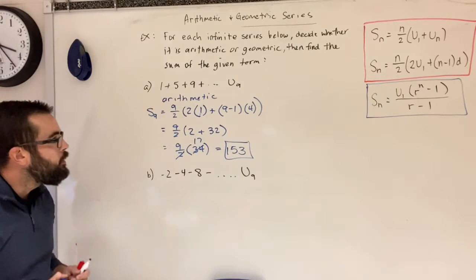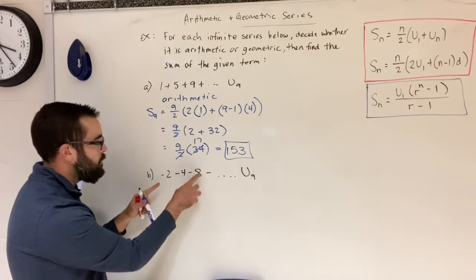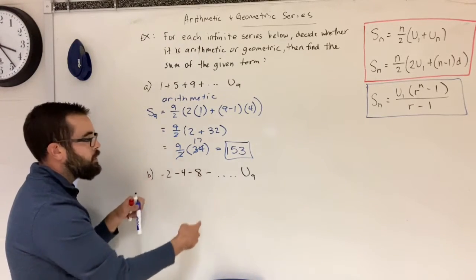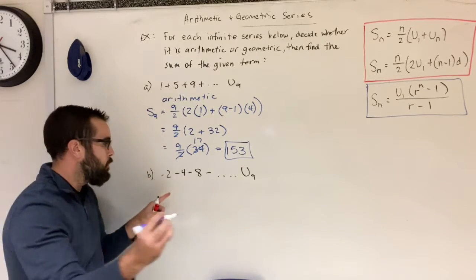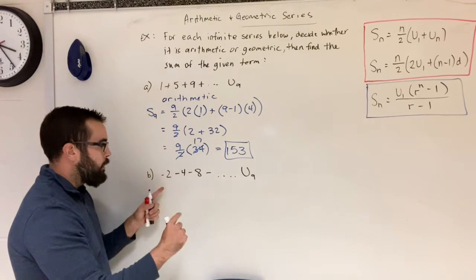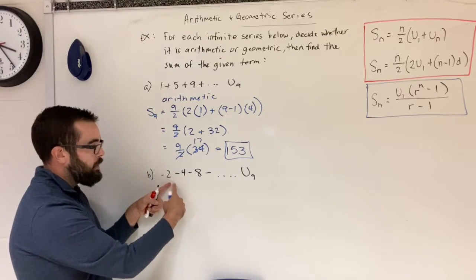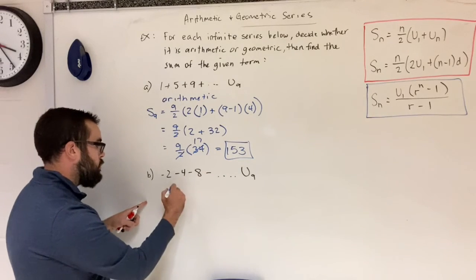All right? So now let's go on to the second one. We have negative 2, minus 4, minus 8, minus, so we have minus, minus, minus, which might make you think there's a negative common ratio. But remember, oh, by the way, this is geometric if you didn't see it already, okay? We're multiplying it looks by 2. We just need to figure out if it's positive 2 or negative 2. All right, so this is geometric.